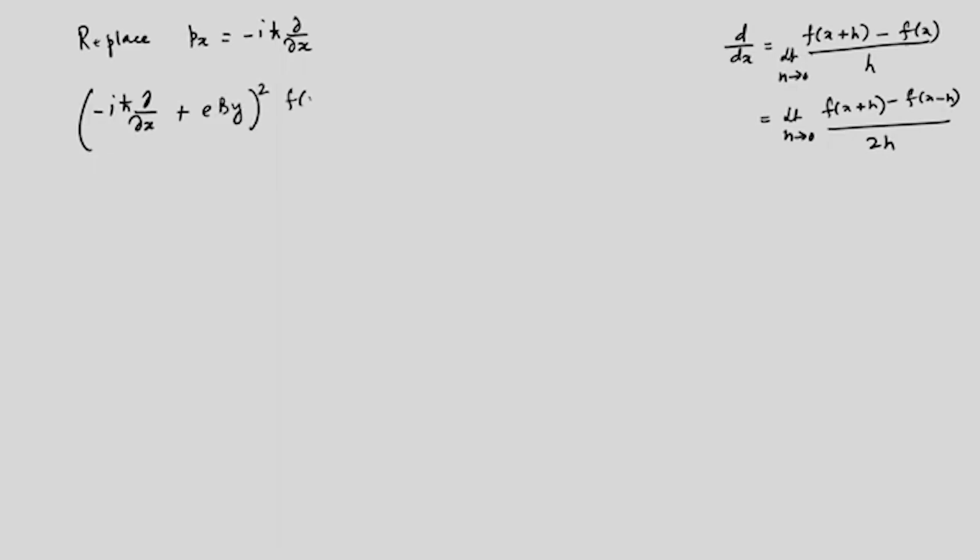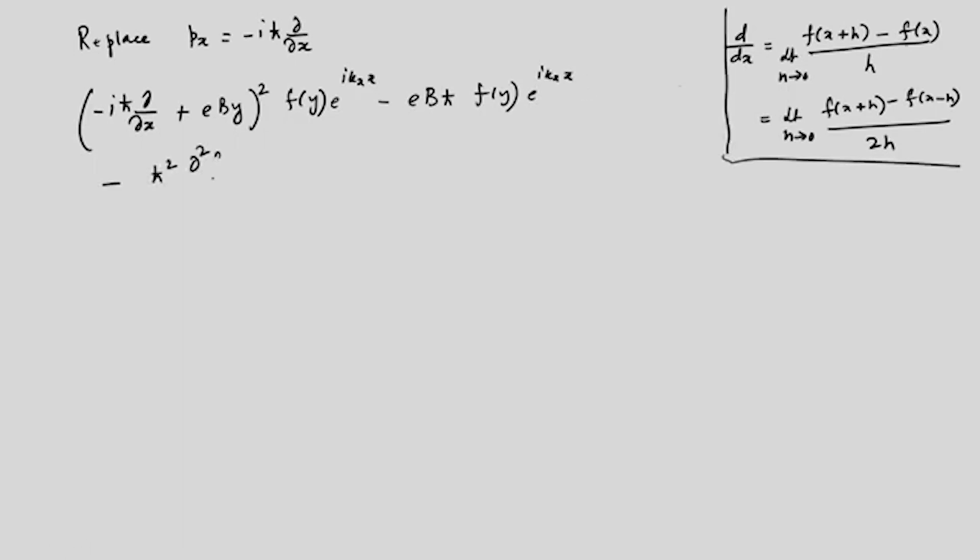square f(y) e^{ikx} minus eBħ f(y) e^{ikx} minus ħ² ∂²f/∂y² e^{ikx}, and this is equal to e² by v_F² f(y) e^{ikx}.